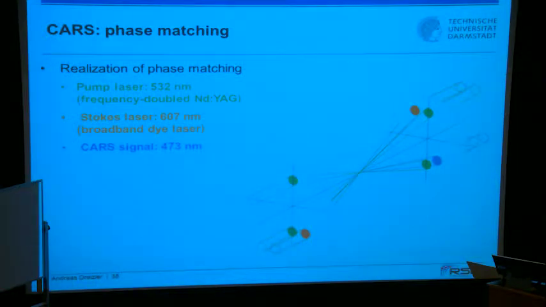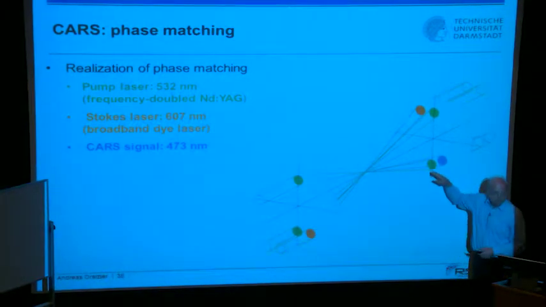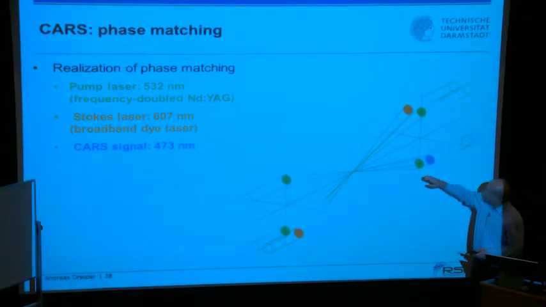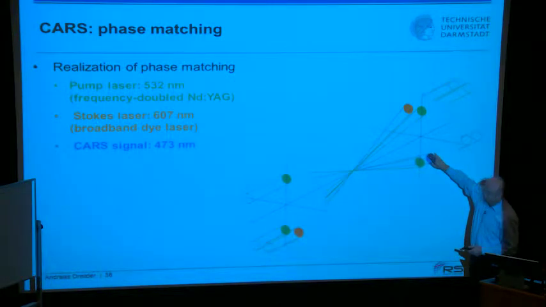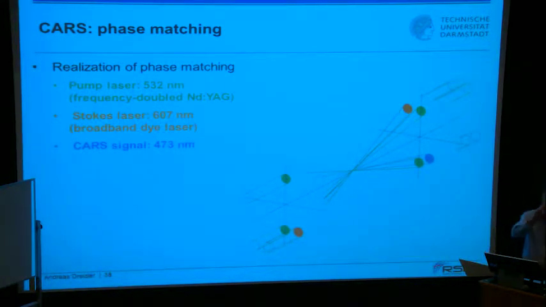And because of this phase matching, these CARS photons have only one direction. Yeah? And that means all the information is contained here in a laser-like beam. It's not like in fluorescence, where fluorescence is taking place in all directions. The CARS photons have one distinct direction.